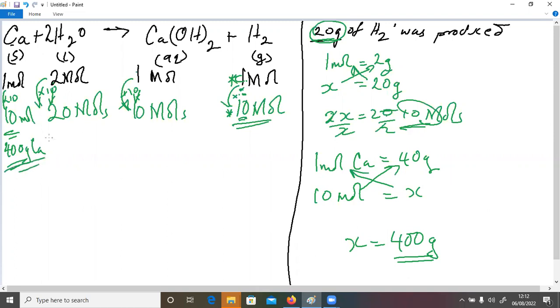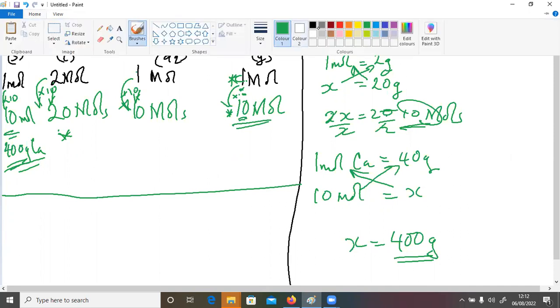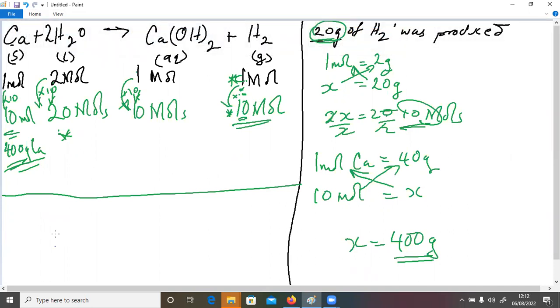I can go further and look at how much water was used, because I know that 1 mole of water is equal to 18 grams.